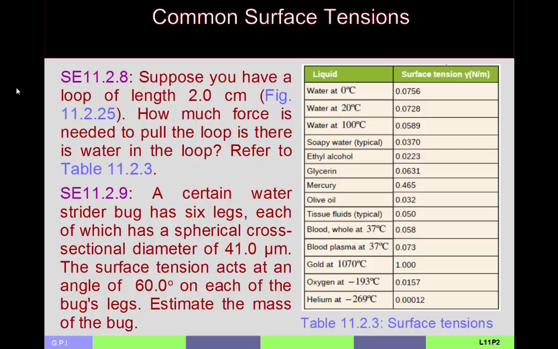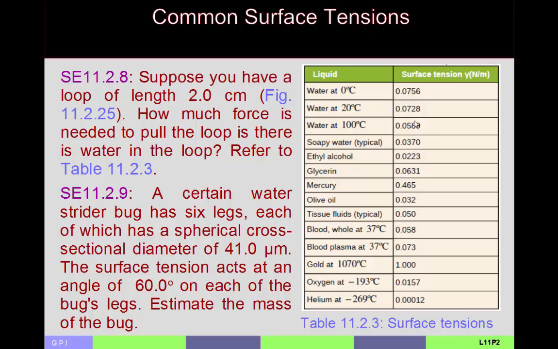So here I've included a list of common fluids, common liquids really, and what their surface tensions are. So let's look at a couple examples. Suppose you have a loop of some length. We want to know how much force do you need to pull the loop if there's water in the loop.